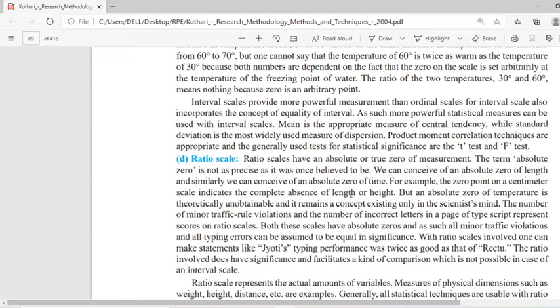But in the interval scale, negative values can be there. For example, negative temperature is there, but there is no negative distance. So in the ratio scale we should not have negative values. The reference value is 0.